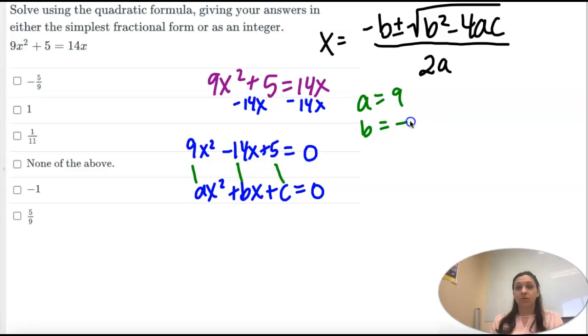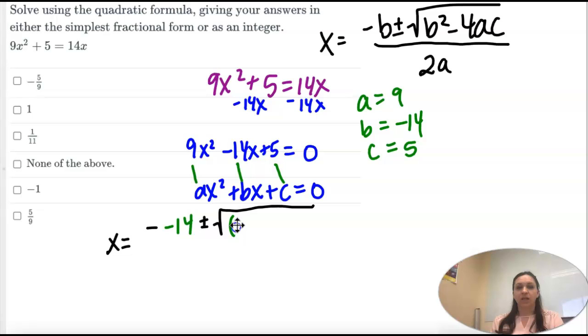And now, this formula is kind of scary looking, but everything goes in here. Okay, and those give us our x values or our solutions. So x equals negative b, that's negative 14, plus or minus square root b squared.